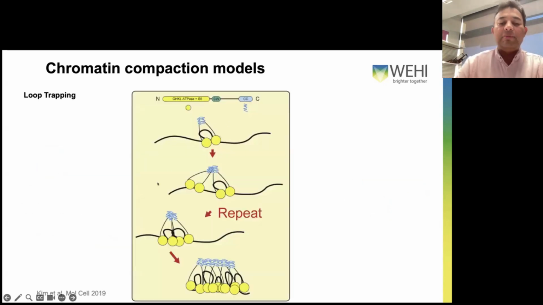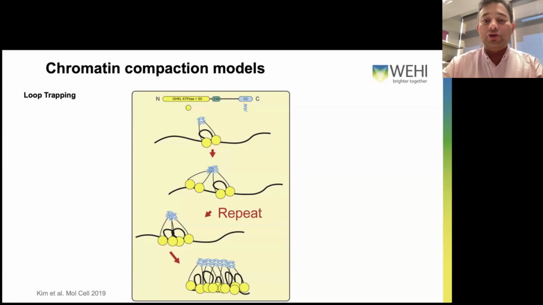The second one comes from C. elegans MORC1, where that kind of compaction is called loop trapping. What happens here is one molecule of MORC1 comes and binds certain regions of the genome, and then it calls upon other MORC1 molecules and starts trapping loop after loop.